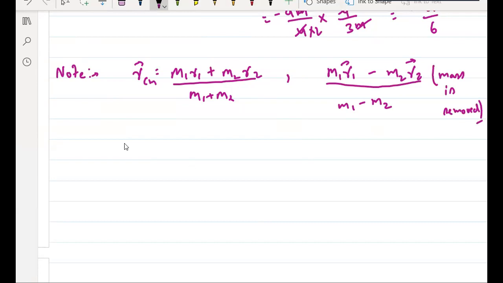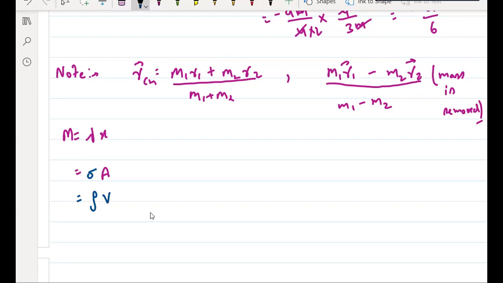Second concept, we know mass can be written as linear density into x, or area density, which I'll write as sigma, into area, or volume density into volume. Yes or no?